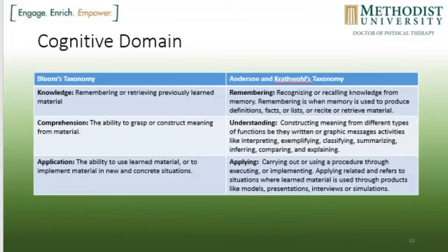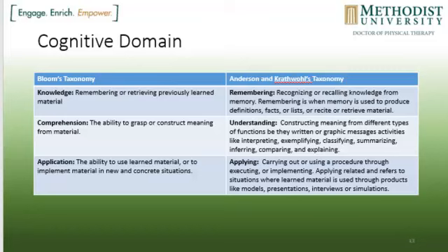The cognitive domain refers to any knowledge that you have. So it's something within your brain. And the taxonomy can go from something simple as remembering or retrieving previously learned material. This would be something that you've memorized. To comprehension, so understanding the construct or meaning from that material.